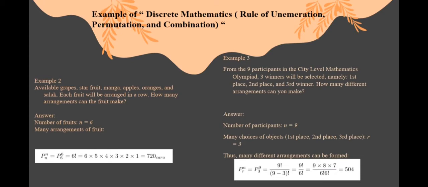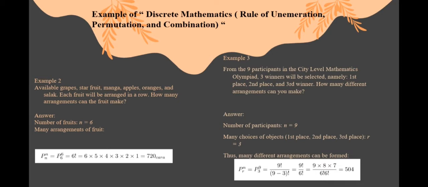Example 3. From the 9 participants in the city level mathematics Olympiad, 3 winners will be selected, namely first place, second place, and third place. How many different arrangements can you make? The answer: the number of participants n equals 9, the number of chosen objects, first place, second place, third place, r equals 3.